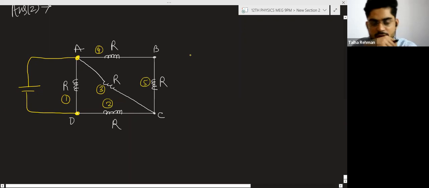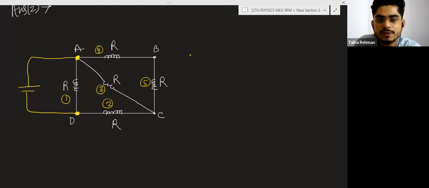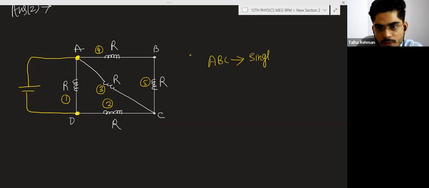So now Hamza, one thing you can see here, actually you have to observe the circuit again and again. Now see here, this A, B, C is a single wire, no?